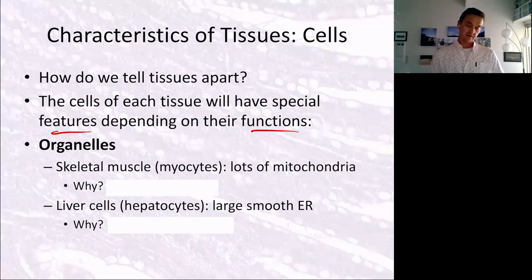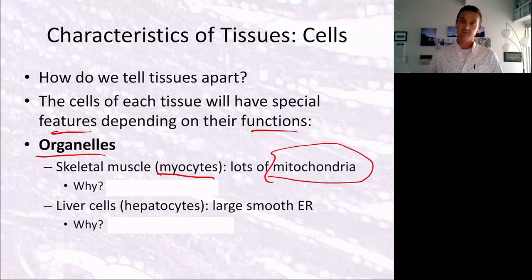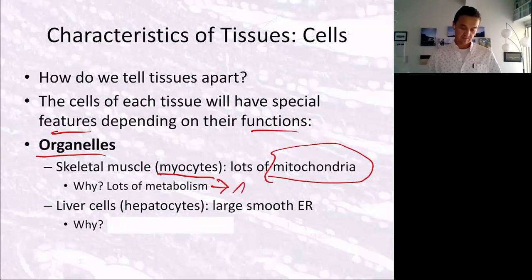Certain cells, like skeletal muscle cells, also known as myocytes, are packed with mitochondria. Why? Because they burn a lot of energy and need a lot of ATP production capability, and that happens in the mitochondria.